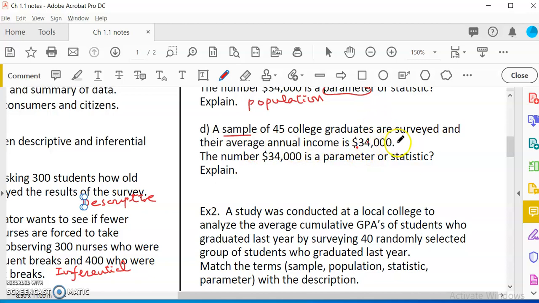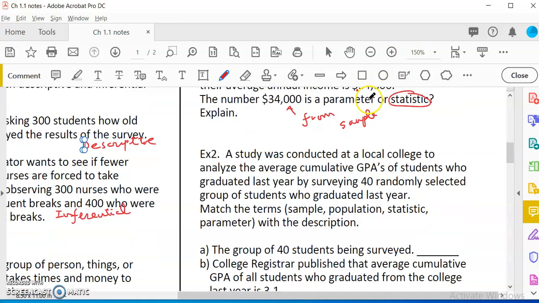This is the average of the 45 data that you collect, and it's from a sample. So this number is a statistic because it's from a sample, right? It is not the actual data. The actual data are being summarized into it.